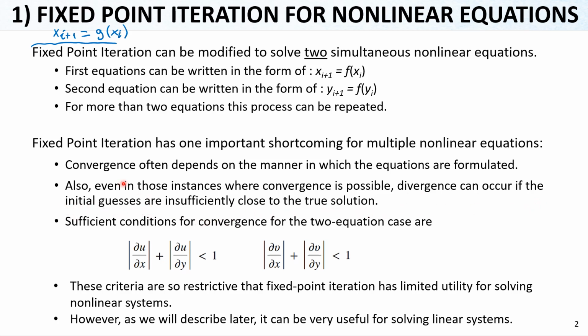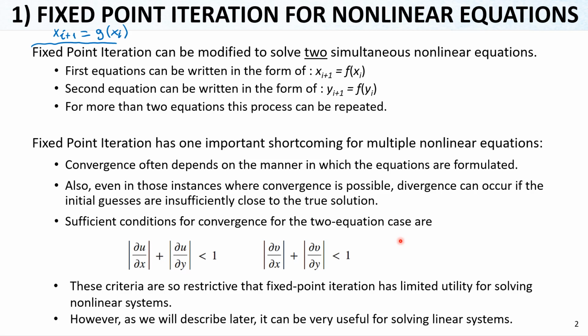So the initial guesses are important. Which values you choose is important. They should be close enough to the true solution so that you can get correct results. And because there are many unknown variables, it is not easy to make all of them correctly go near the true solution. That's a big issue.